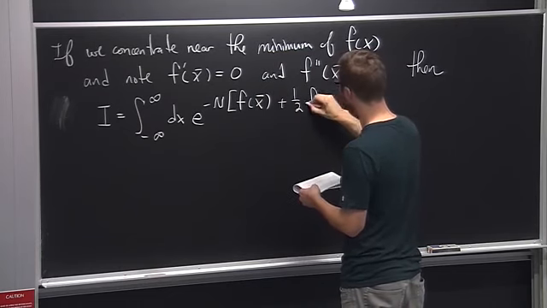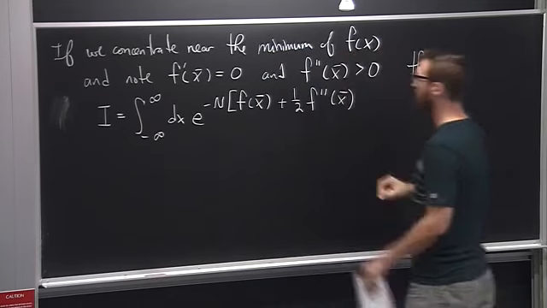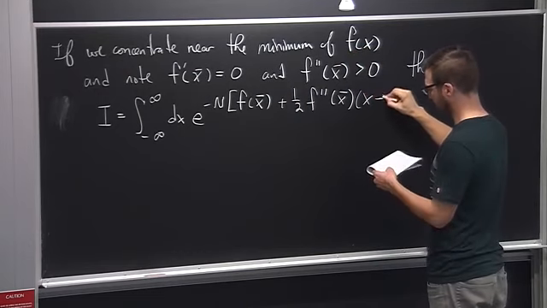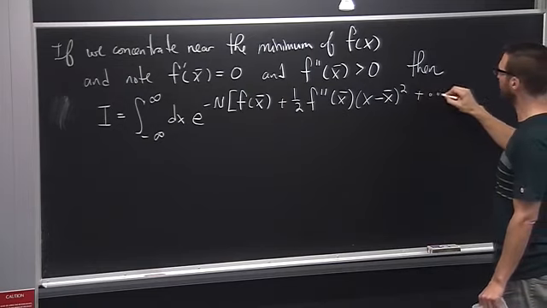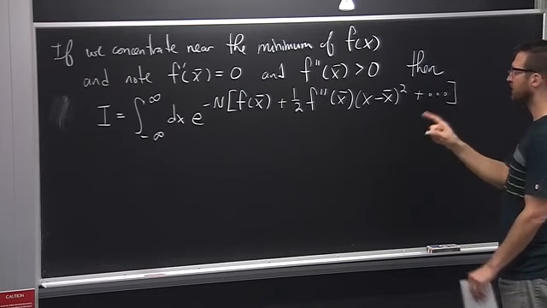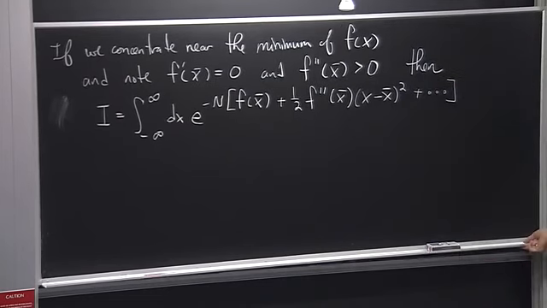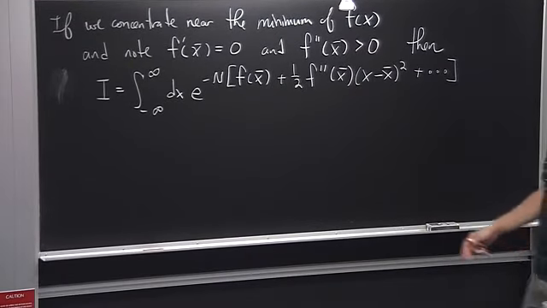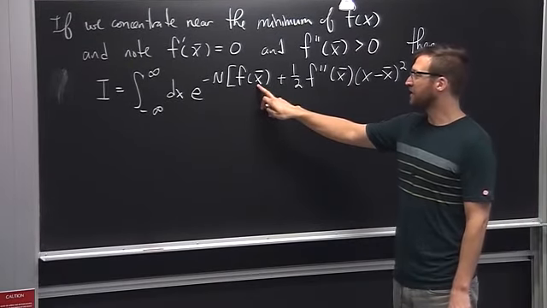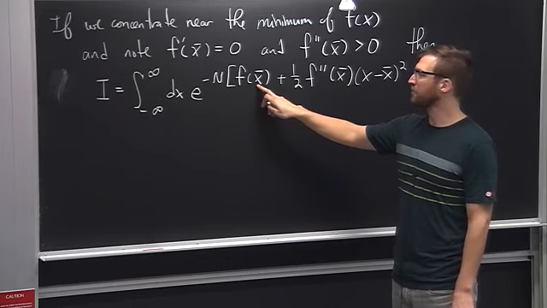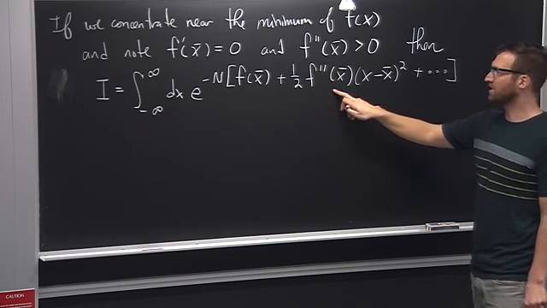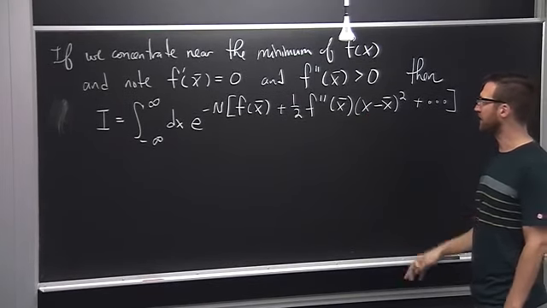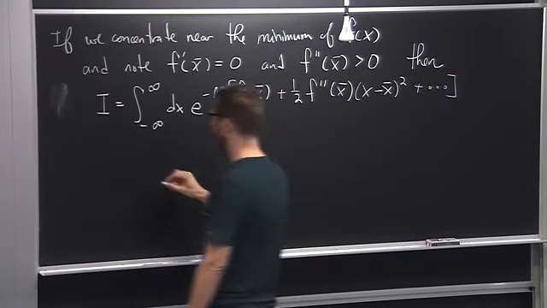I'll get something like the second derivative times x minus x bar squared. And I could keep going. dx, yeah, that's right. Okay, this function evaluated at that minimum value is just a scalar. This is just another number, right? So I essentially just have a Gaussian integral over x minus x bar.